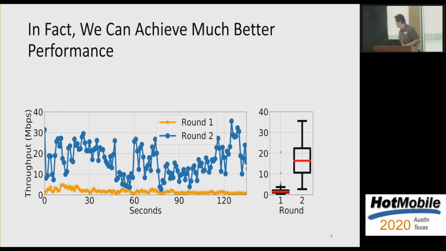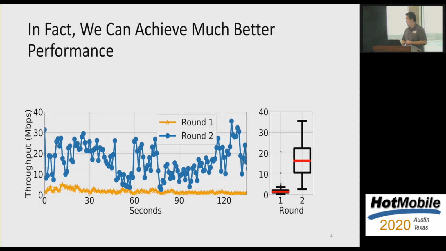So here is an example using the AT&T network. In the experiment, we walk along a specific road to a target location. When we reach the location, we start the first round of file downloading and found that our mobile device can only provide a 1.5 Mbps downloading speed.